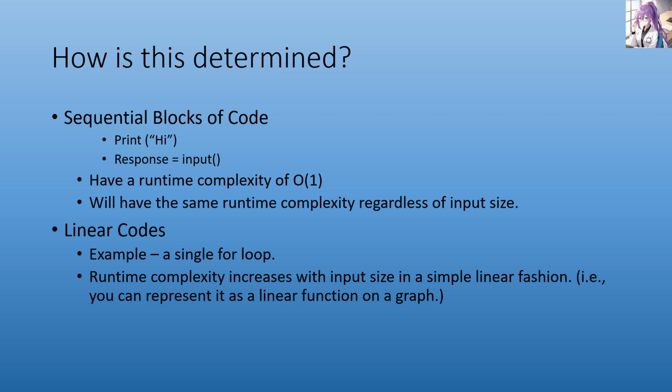You may have a specific runtime complexity category that equals the number of statements you've put in the sequential block. If you have a for loop and only one of them, you have something that can be represented as a graph as far as the runtime goes. Naturally, the more inputs you have for the for loop, the longer the loop will take, but it will increase in a linear manner.